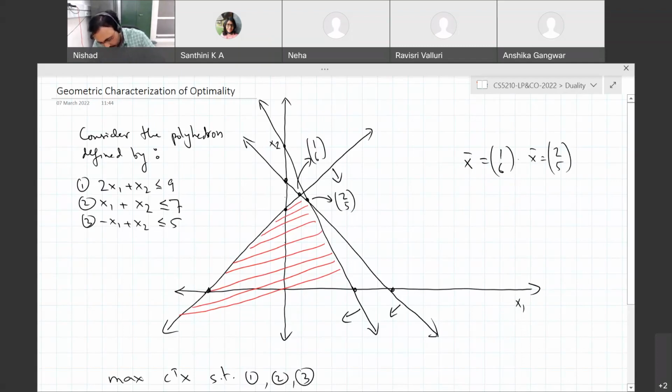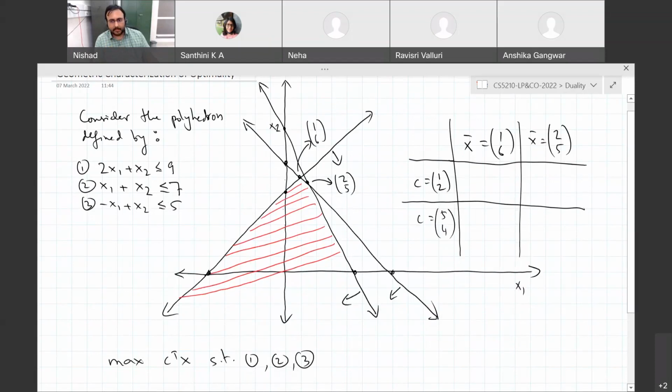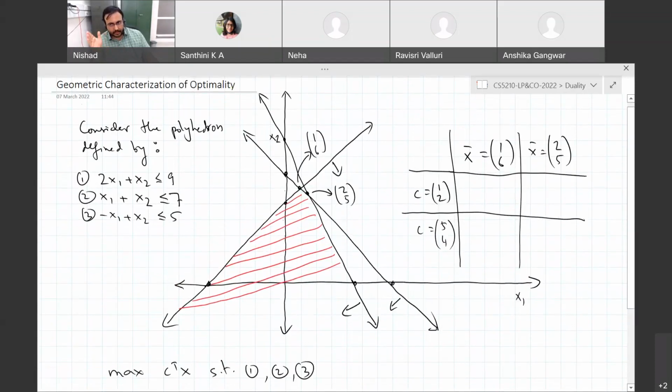There are two possibilities I want to look at. And I'm also going to consider two objective functions. The first one is 1, 2, and the second one is 5, 4. Okay. So in the first case, we are maximizing x1 plus 2x2 subject to the given constraints.